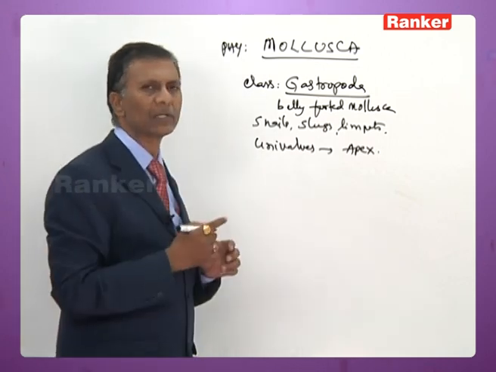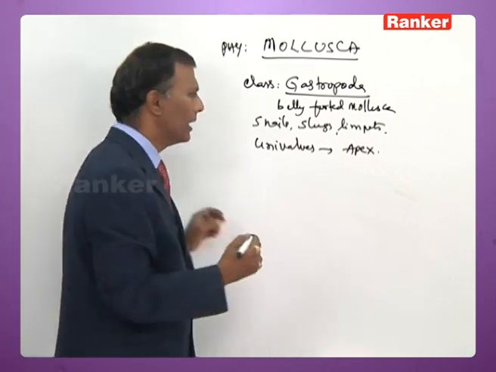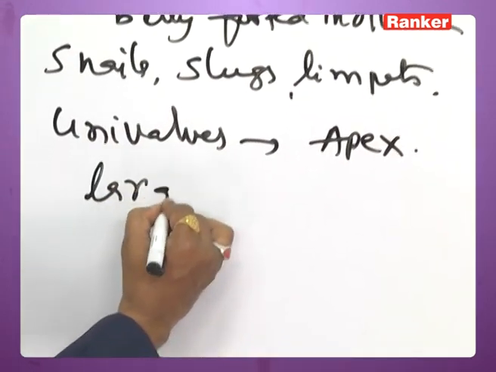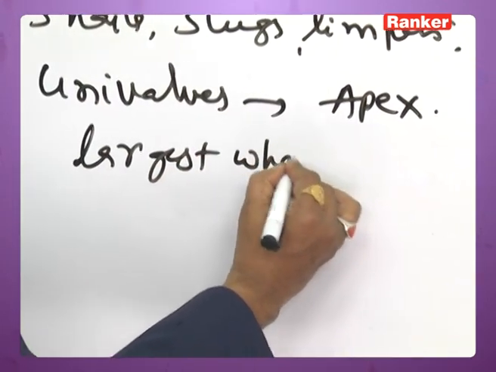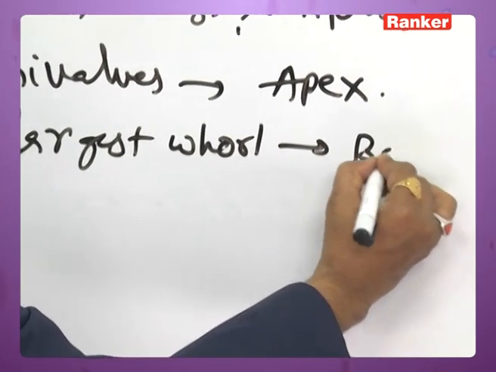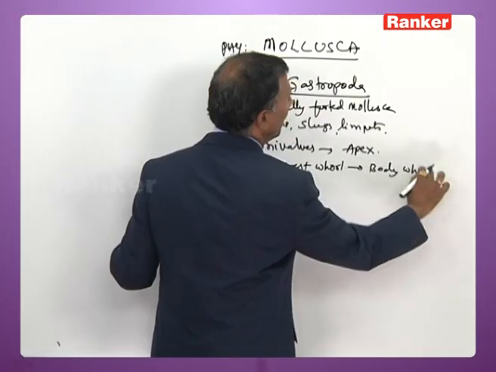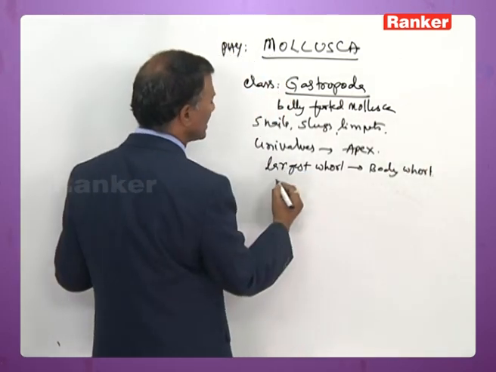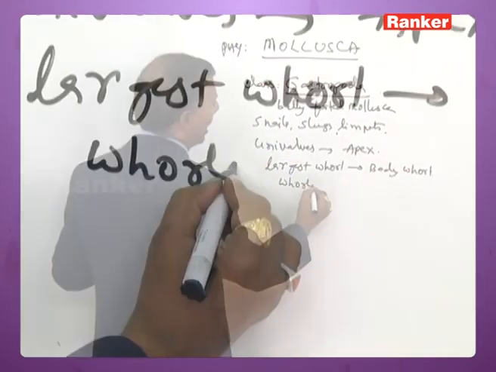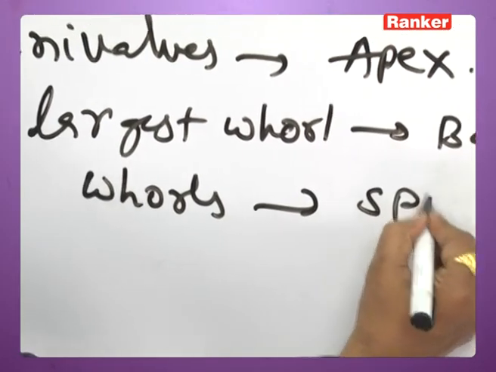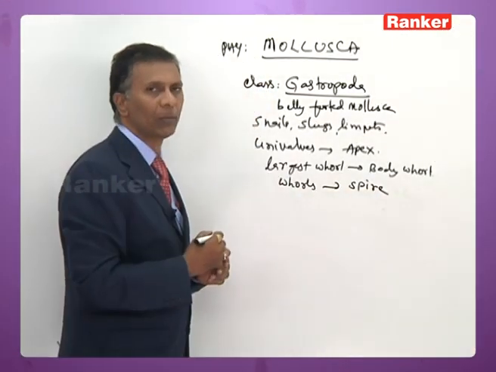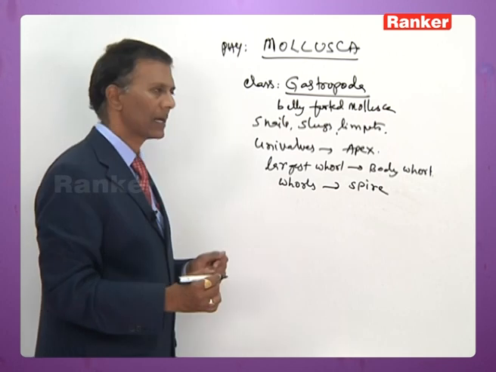The shell has about 6 to 6.5 whorls. The largest whorl is called the body whorl, and all the other whorls are collectively called the spire.